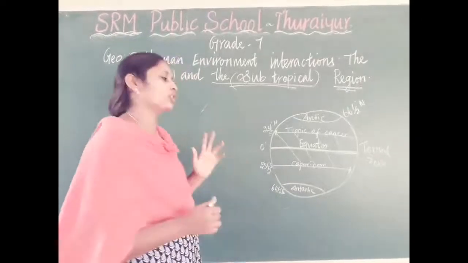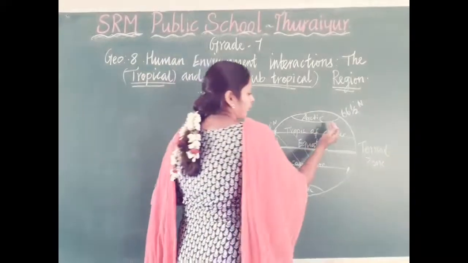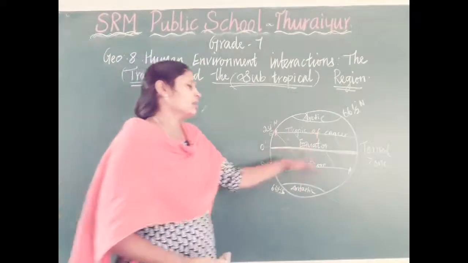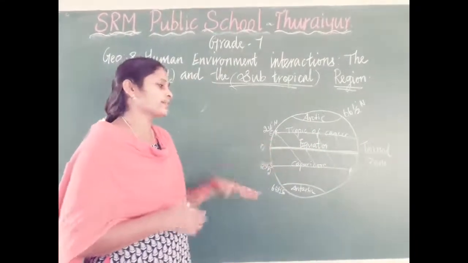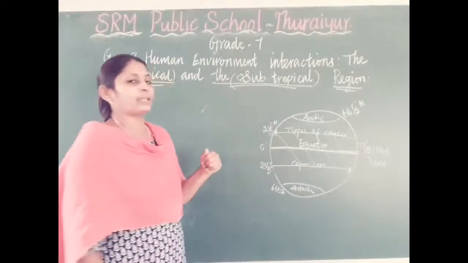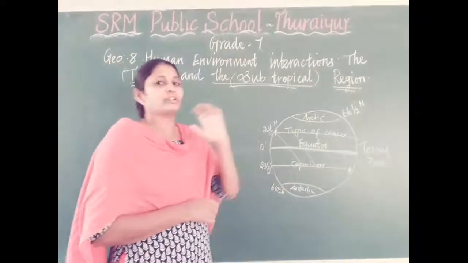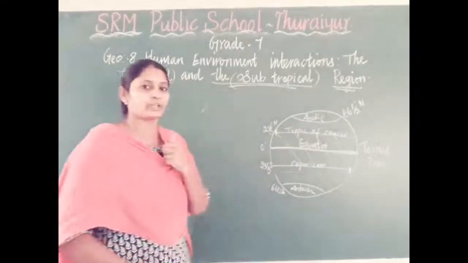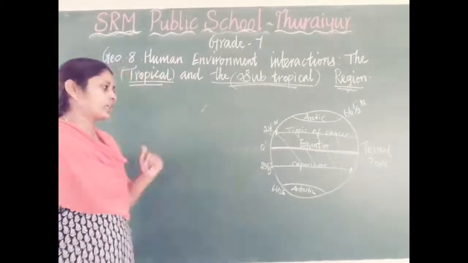A region that lies partially in the Tropic of Cancer or the Tropic of Capricorn is called the subtropical region. Not the entire region, but a small part of the region located in the Tropic of Cancer or Tropic of Capricorn is called the subtropical region.